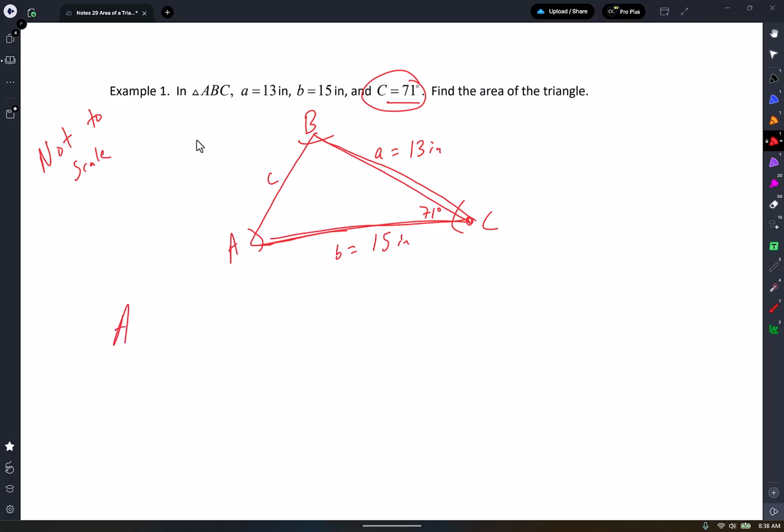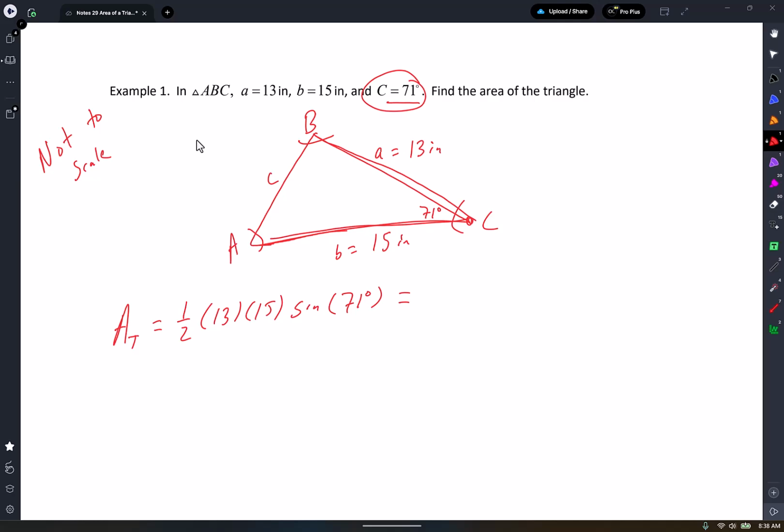So area, and I like to put subscript T for triangle, but you don't have to. Area of this triangle is 1/2 times 13 times 15. All I'm doing is using my formula, AB sine C, sine of 71 degrees. Yeah, sine of C. And you're done. In the industry, you'll hear the term plug and chug.